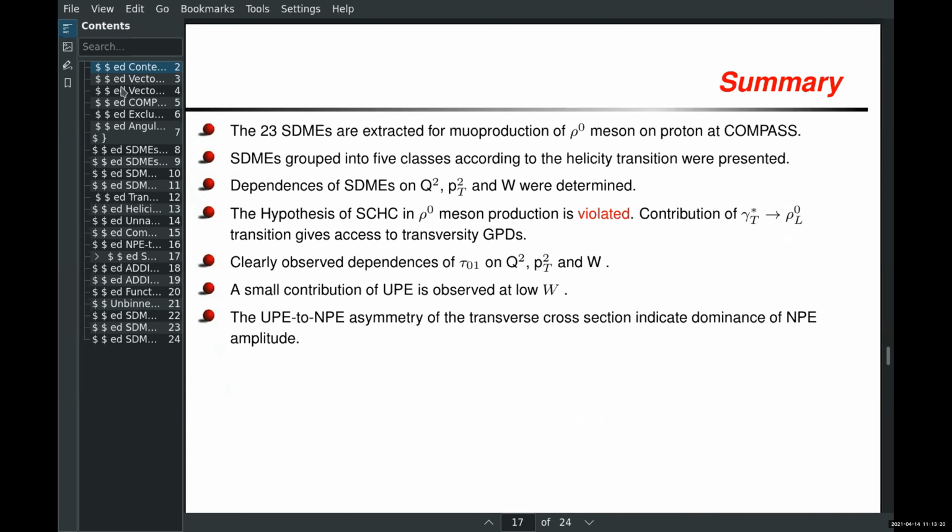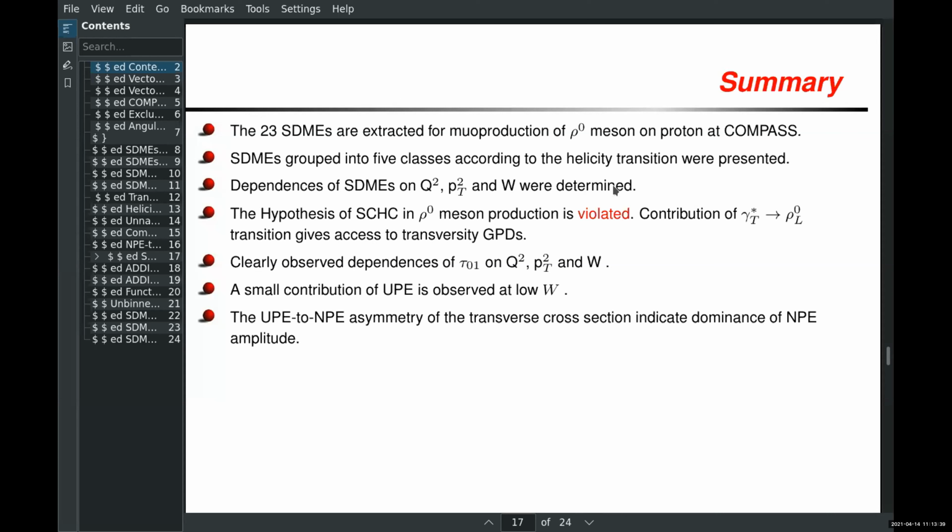So, a summary. We extracted SDMEs for muon production and grouped them into the 5 classes. We show the dependence on Q square and PT. We observe that the hypothesis of s-channel helicity conservation for the rho is violated.